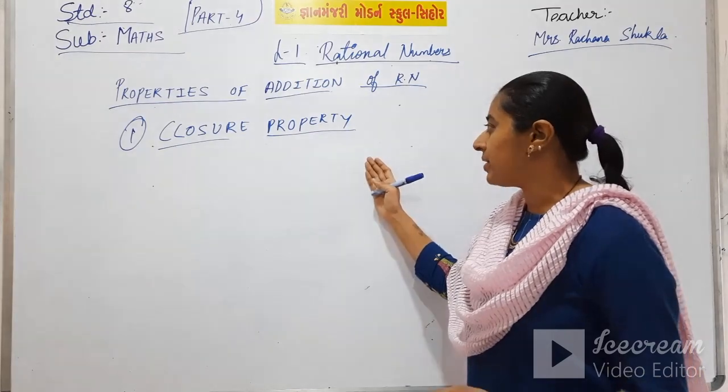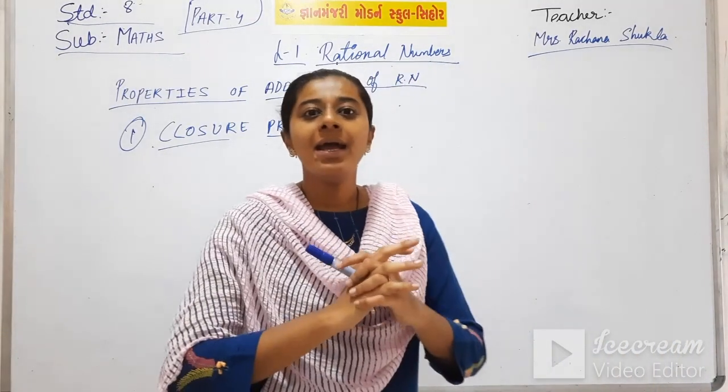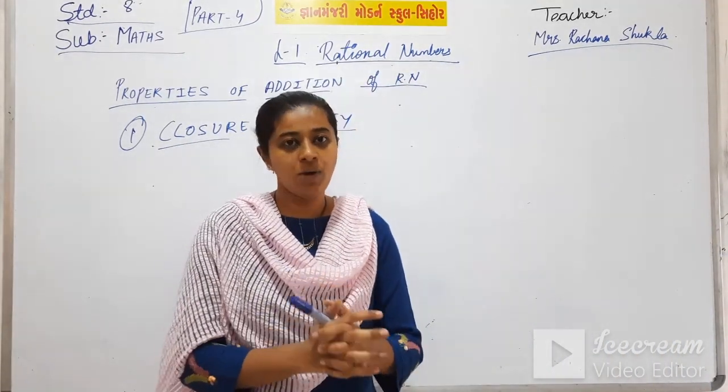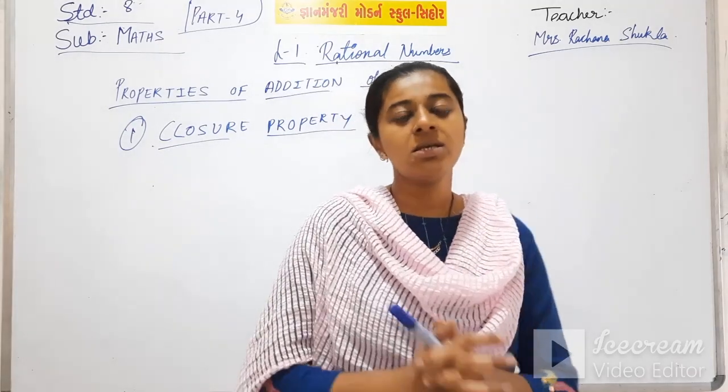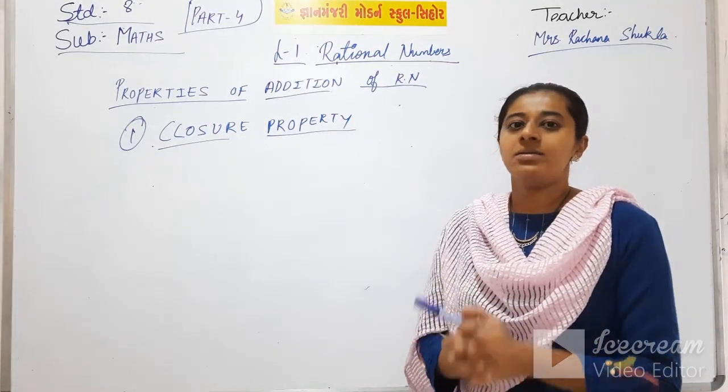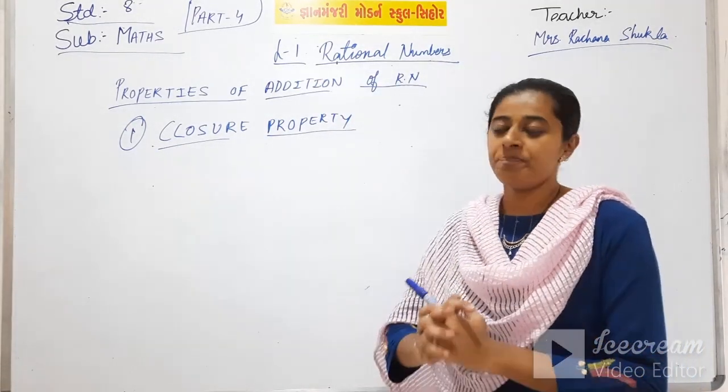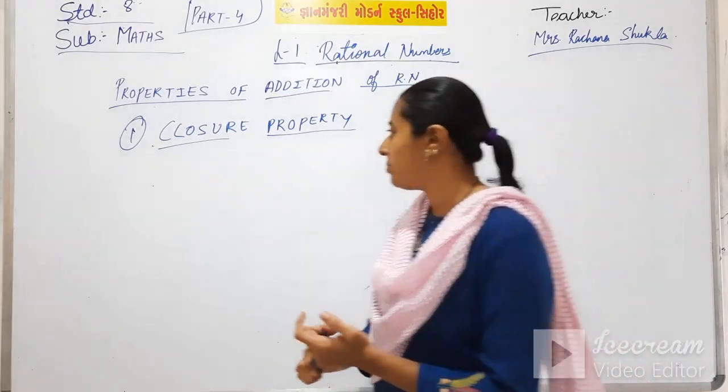So, closure property. When you add any two rational numbers, you get an answer that is also a rational number. I will write it on the board.